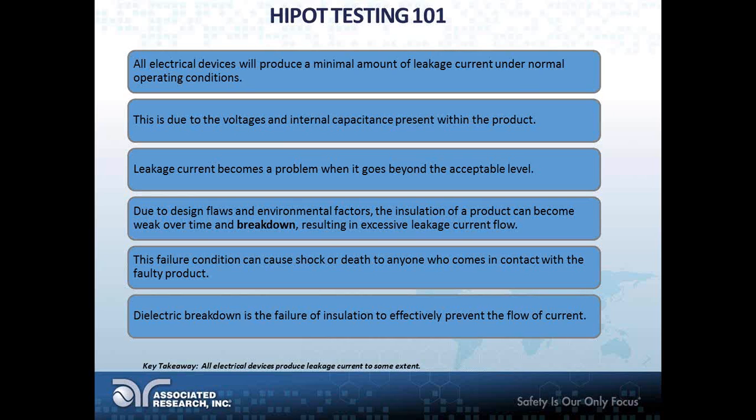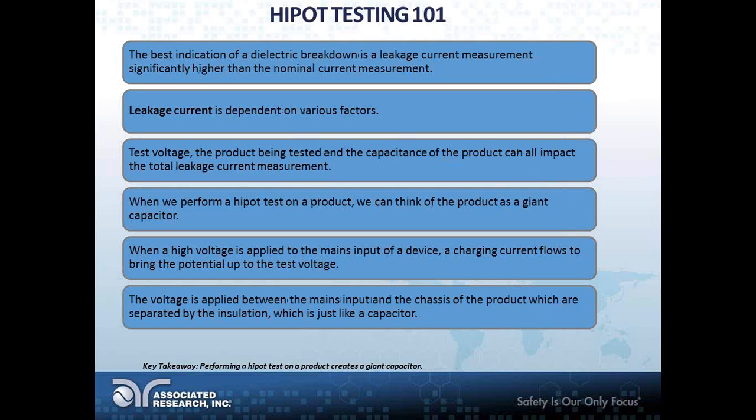Once again, the important thing to note here is that all electrical devices will produce some amount of leakage current to some extent. Now, the best indication of dielectric breakdown itself is a leakage current measurement, which will be significantly higher than the nominal current measurement.